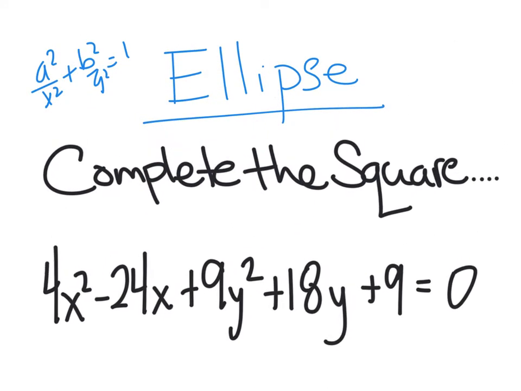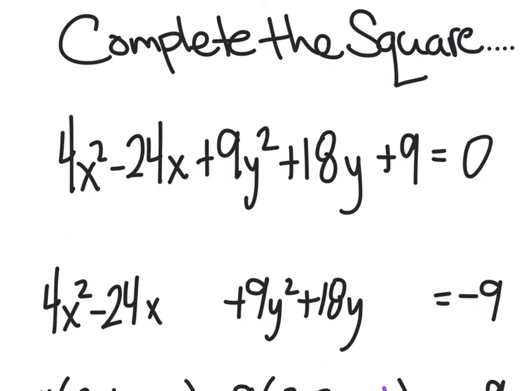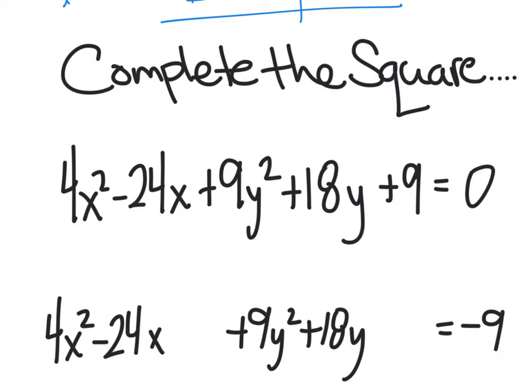Our first step would be to group the stuff together. So here's our x stuff together and our y stuff together and our plain number on the other side of the equation. Within the x stuff itself, I'm going to complete the square, and the y stuff itself, I'm going to complete the square.